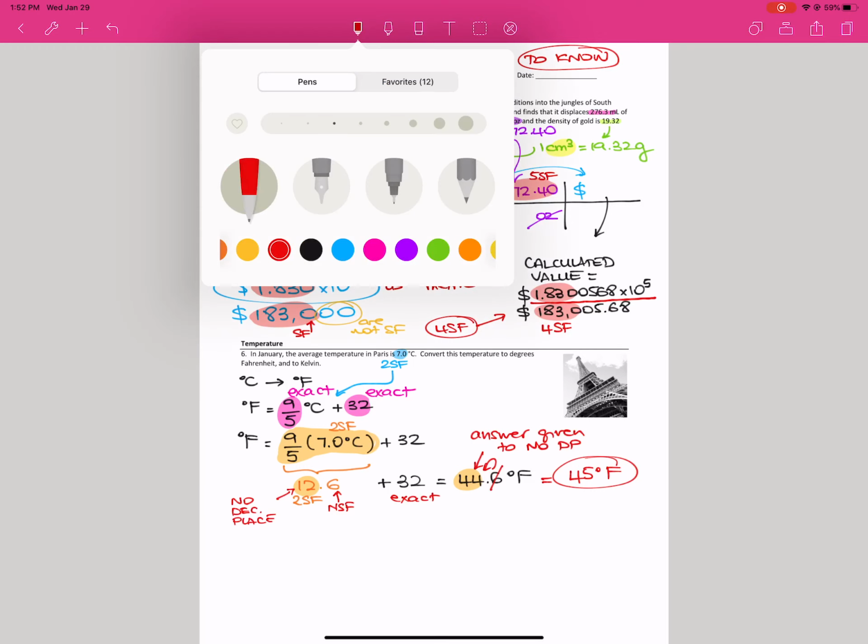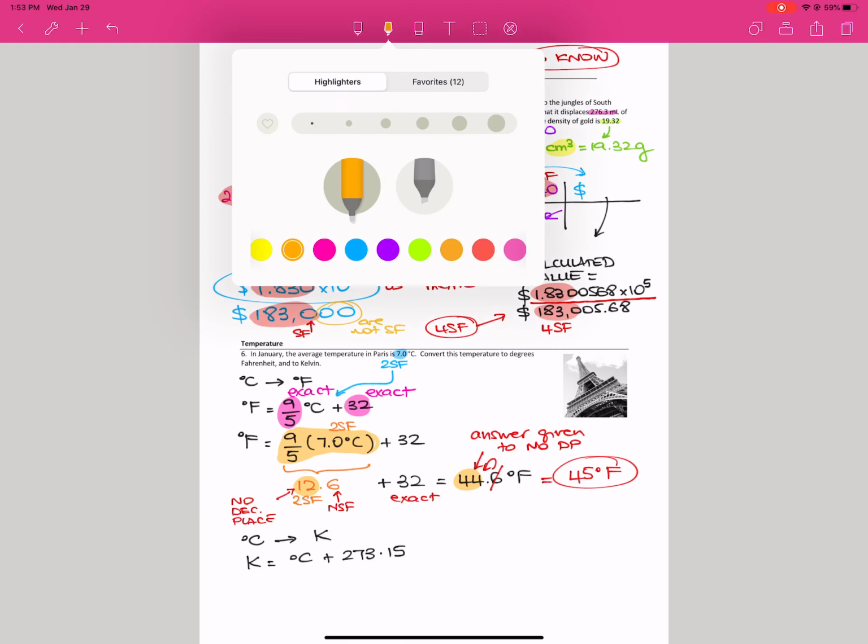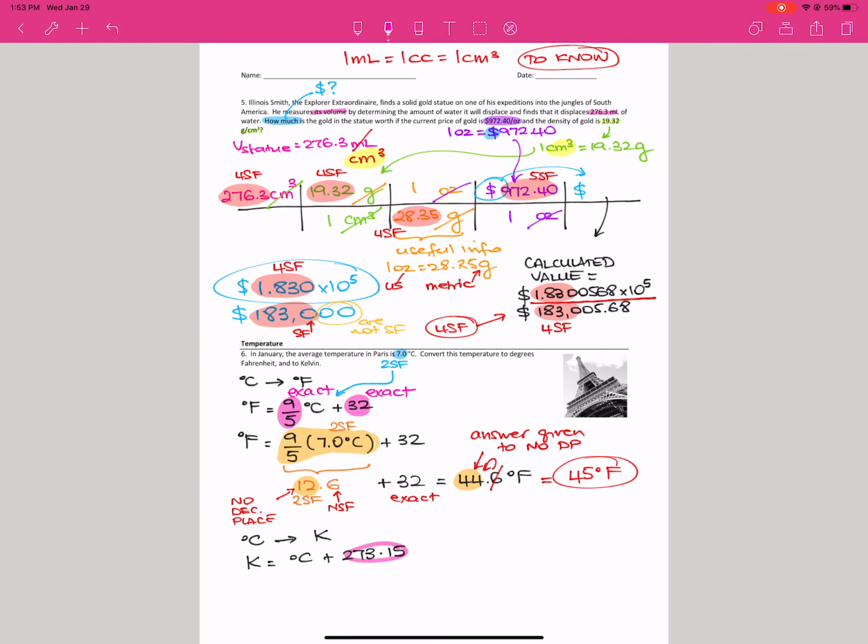Next, they're asking us to convert to Kelvin. So how do I convert to Kelvin? To convert Celsius to Kelvin, I'm going to follow the following relationship. Kelvin is equal to Celsius plus 273.15. Again, I want you to remember that this 273.15 is an exact number.